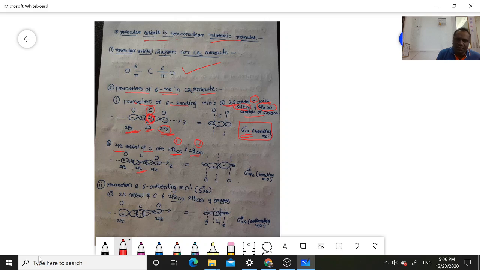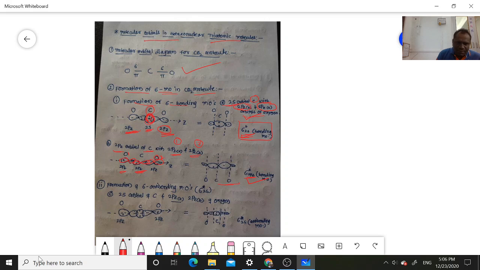It forms the sigma 2pz bonding molecular orbital. So, sigma 2s bonding molecular orbital and sigma 2pz bonding molecular orbital.